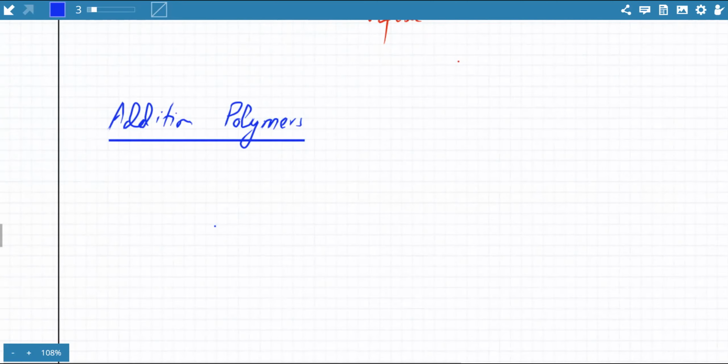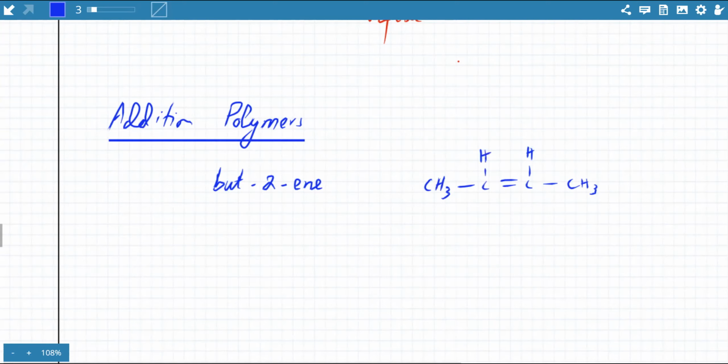For example, you have butene. अच्छा, उससे ना polymers बनते हैं butene से. तो how would you make polybutene? Butene में ना there would be 4 carbon atoms, and there's going to be a double bond over here. And इसके साथ 3 H होंगे. इसके साथ top पे there's going to be 1 H. Over here there's going to be an H as well.